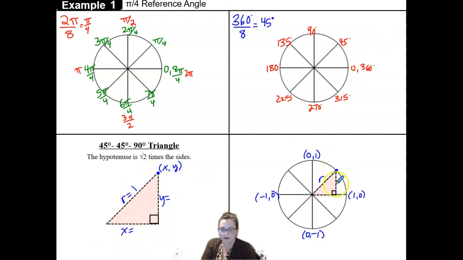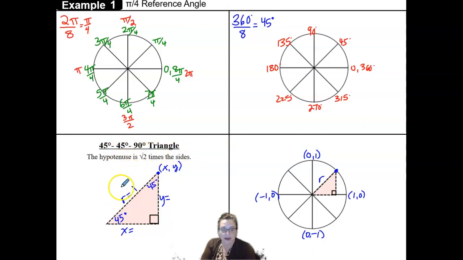Okay, this reference triangle came from the central angle that measured 45 degrees, which makes this a 45, 45, 90 special right triangle. And in geometry, you learned the rule for 45, 45, 90 triangles, that the hypotenuse is always the square root of 2 times the sides.